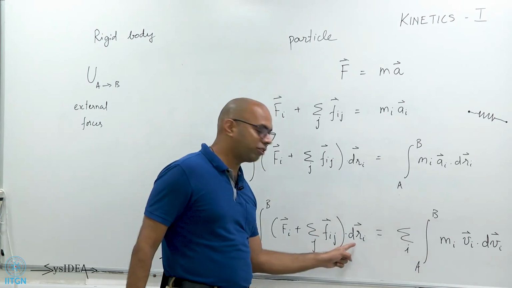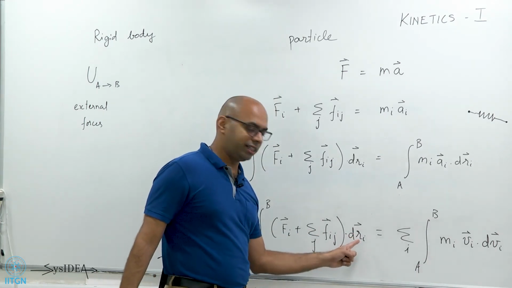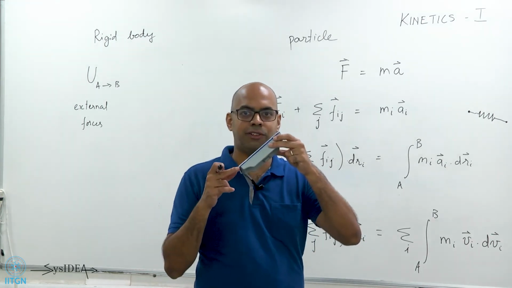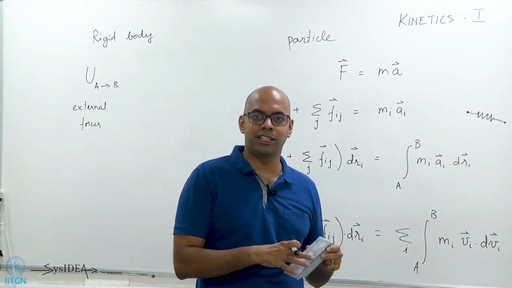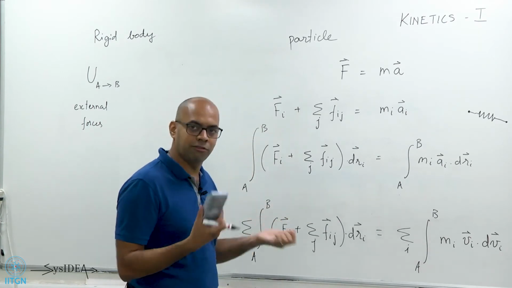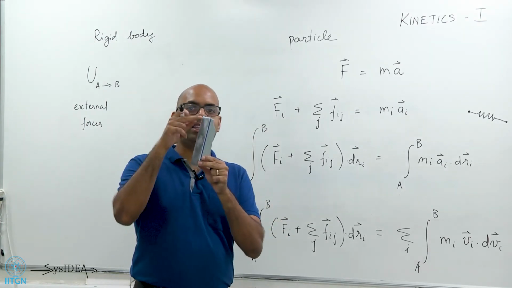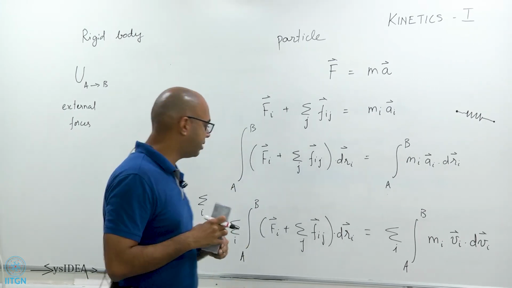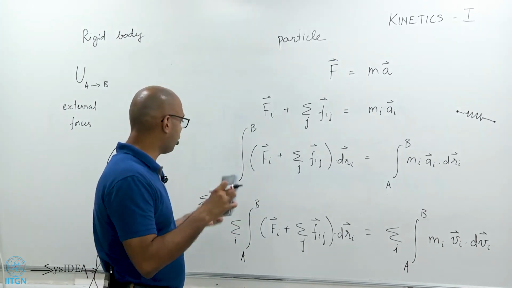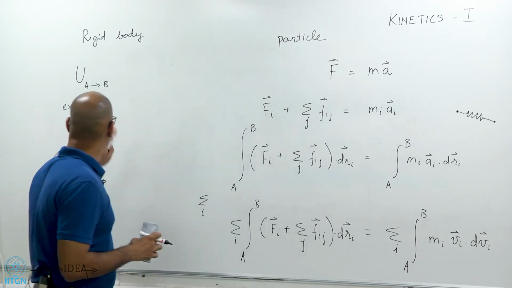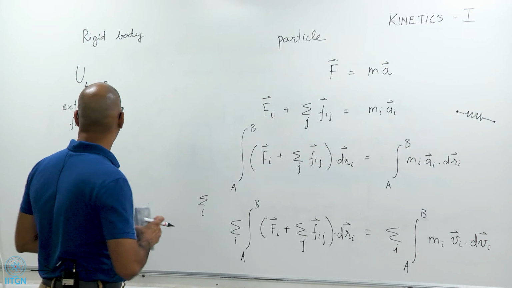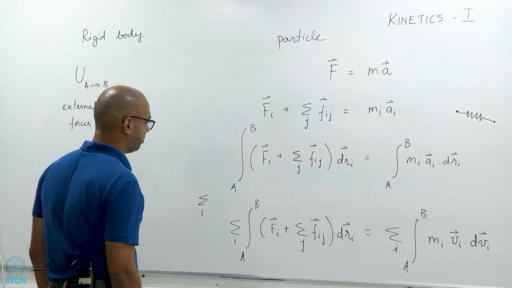So each force is dotted with a different displacement vector. If it's a reaction force on a rigid body that is not moving through any displacement, then obviously that work done is 0. Whereas at the other end of the rigid body, there's another force which is moving through a certain displacement, so you would get a different dot product there. So that's something to keep in mind. Each force is dotted with a different displacement.